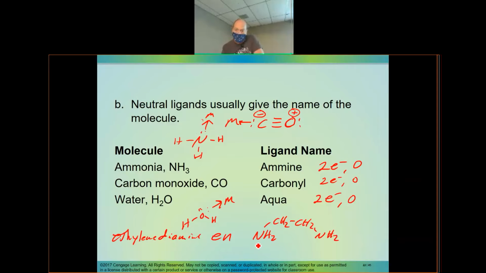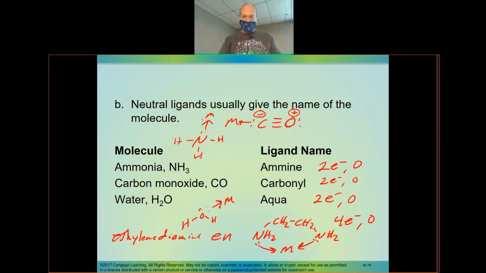One ethylene diamine will have 2 coordinate covalent bonds to the metal, and so one ethylene diamine is a 4 electron neutral. Both of those nitrogens have 3 bonds and an electron pair. They are neutral. But one ethylene diamine has 2 coordinate covalent bonds, and so it is a 4 electron neutral.